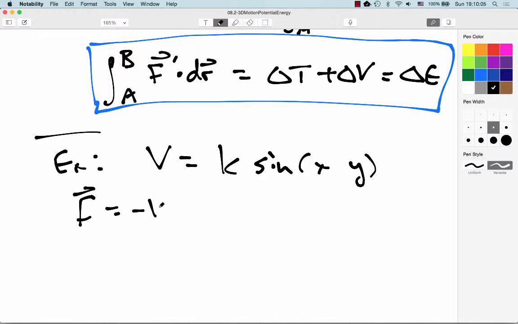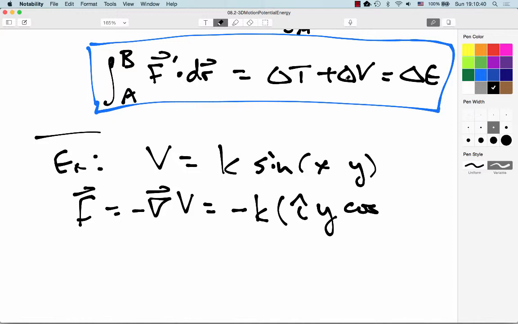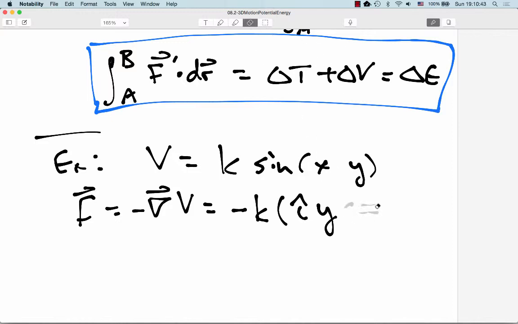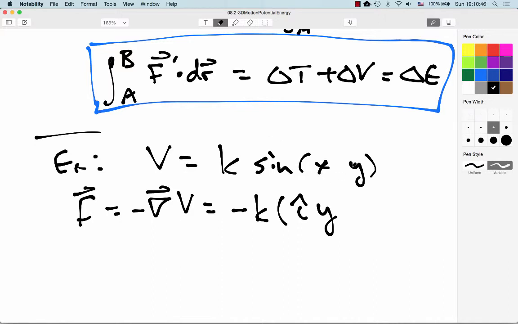So the force would be equal to the negative of the gradient of V. There's nothing along the z direction because there's no dependence on z, so the partial derivative with respect to z will be 0. So we're just left with, let's see, the derivative of sine is cosine, so we'll have a minus, we can pull out a k, we'll have i hat times y cos xy, derivative of what's inside leaves me with a y, and we're going to have a cos xy from the other one as well.